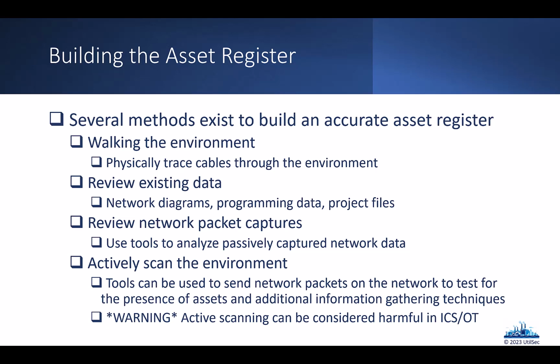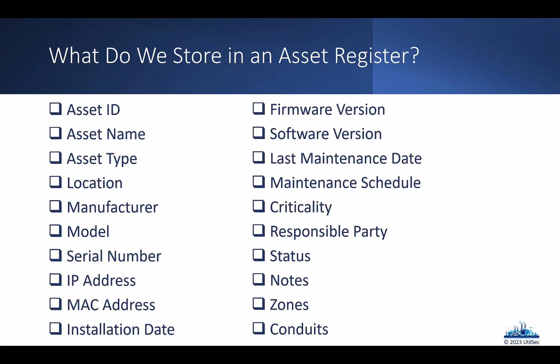We might not allow those at lower levels, due to the concern that active scanning might cause an issue with those more sensitive control systems and cause them to crash or completely brick, where they would have to be replaced, which obviously puts physical safety, environmental safety, and the operations of the plant in question. So what do we store in an asset register?